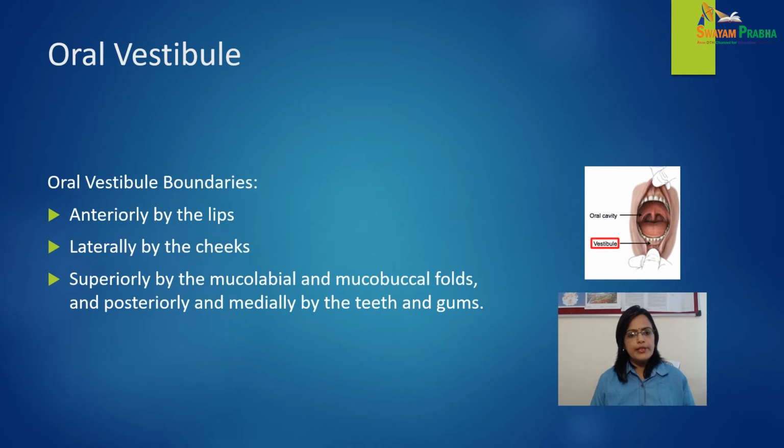The oral vestibule is bounded anteriorly by the lips, laterally by the cheeks, and superiorly by the mucolabial and mucobuccal folds, and posteriorly and medially by the teeth and gums. This comprises the oral vestibule.